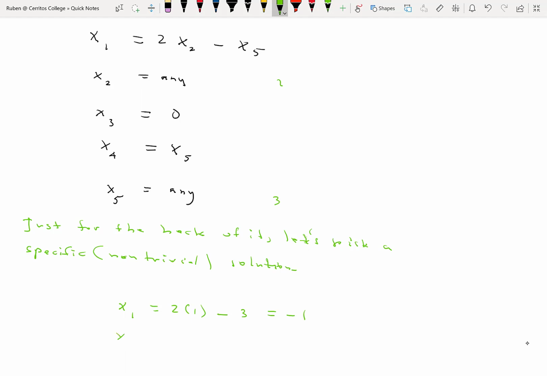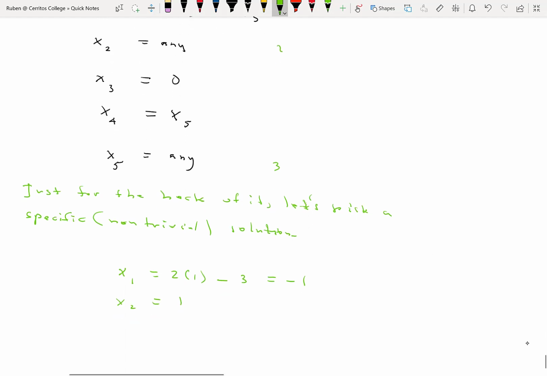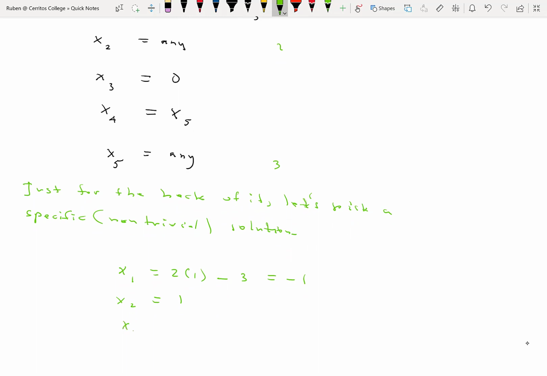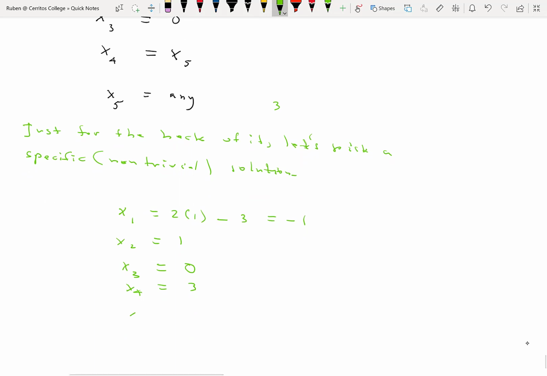So x1 is negative 1. x2 is that 1 that we chose. x3 is 0. No choice for x3. x4 is x5, and x5 we chose to be 3. So one particular solution would be negative 1, 1, 0, 3, and 3.